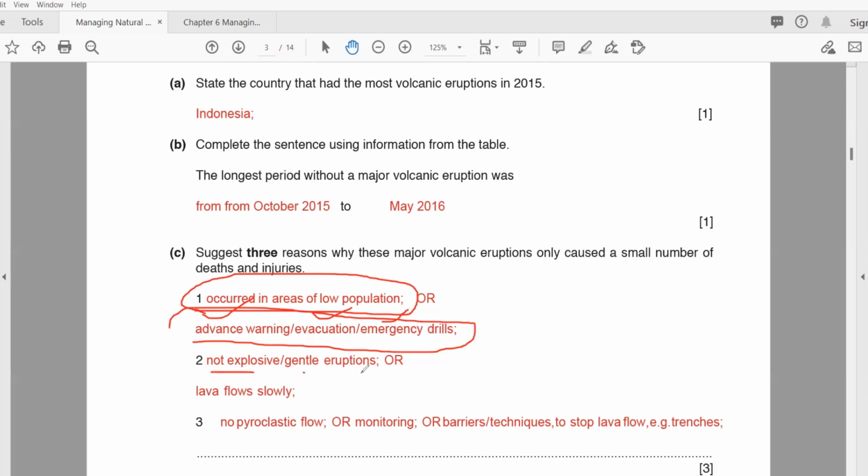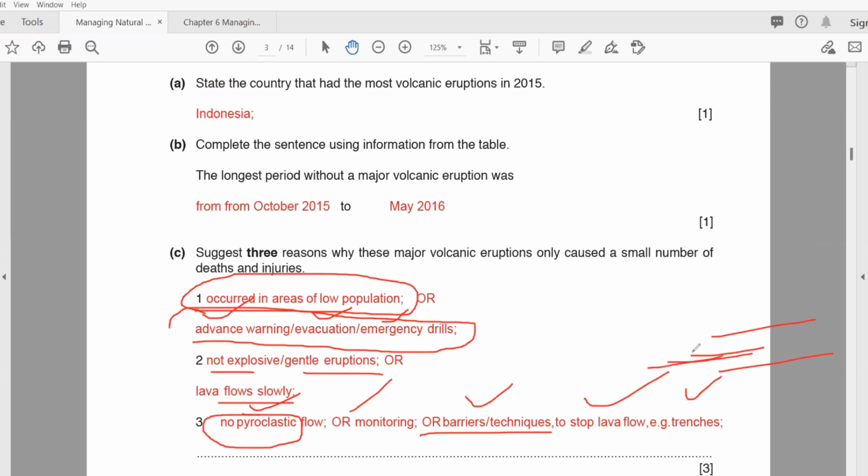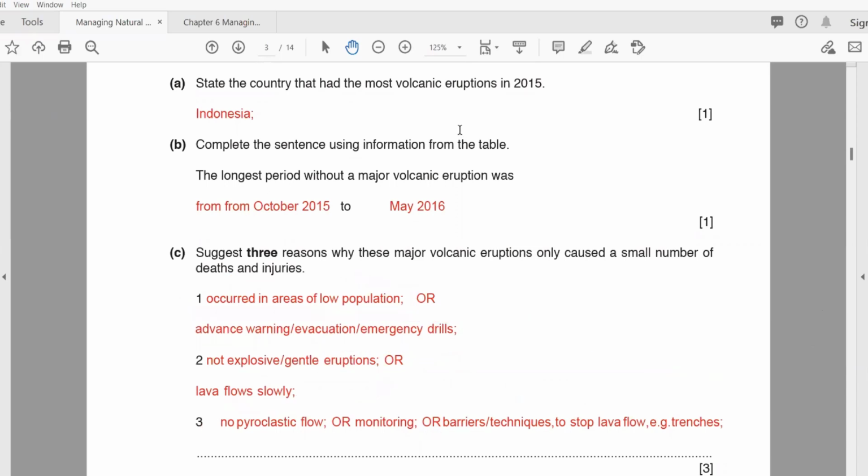Not explosive, gentle eruption, lava flows slowly. And monitoring systems, and no pyroclastic ashes coming out. Barriers are there to stop the lava flow, trenches, where they dig big holes in the ground so the lava will come to that. So these are all the things which make the loss of life really less.